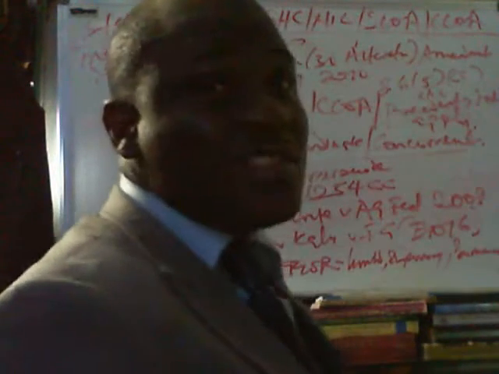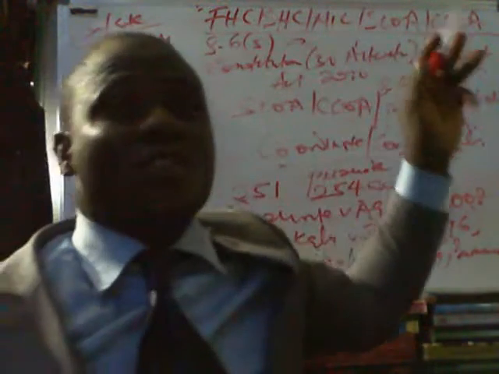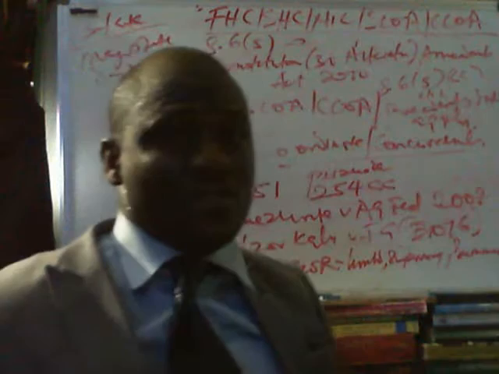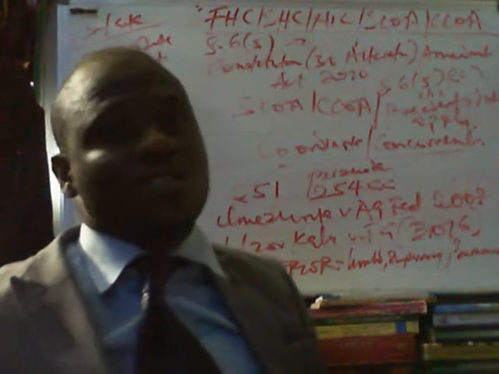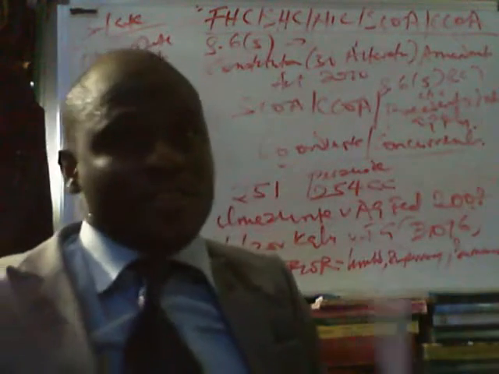But if the matter that came before the state high court is a federal matter, then the decision of the court on that federal matter will be binding on all the magistrate courts, area courts, district courts, and every court below the state high court in all the states of the federation, because it's a federal matter.